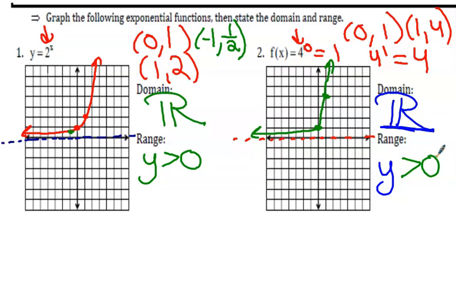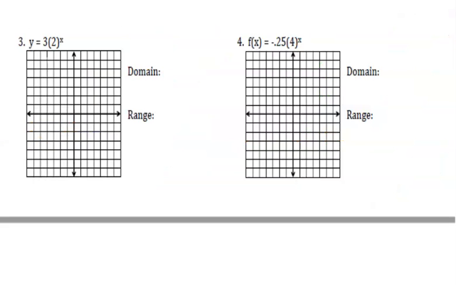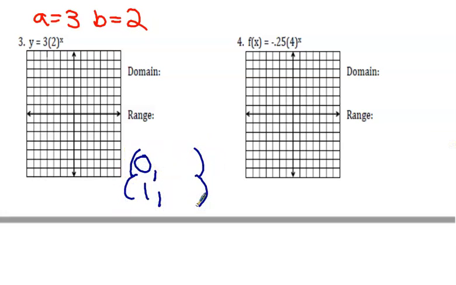All right. Okay, now let's get into a little bit more complicated problems. So when we have number 3, my a is 3, my b is 2. Please be careful when you're plugging these in. I'm going to plug in 0, and I'm going to plug in 1 to see what happens. So let's plug in 0. I have 3 times 2 to the 0.